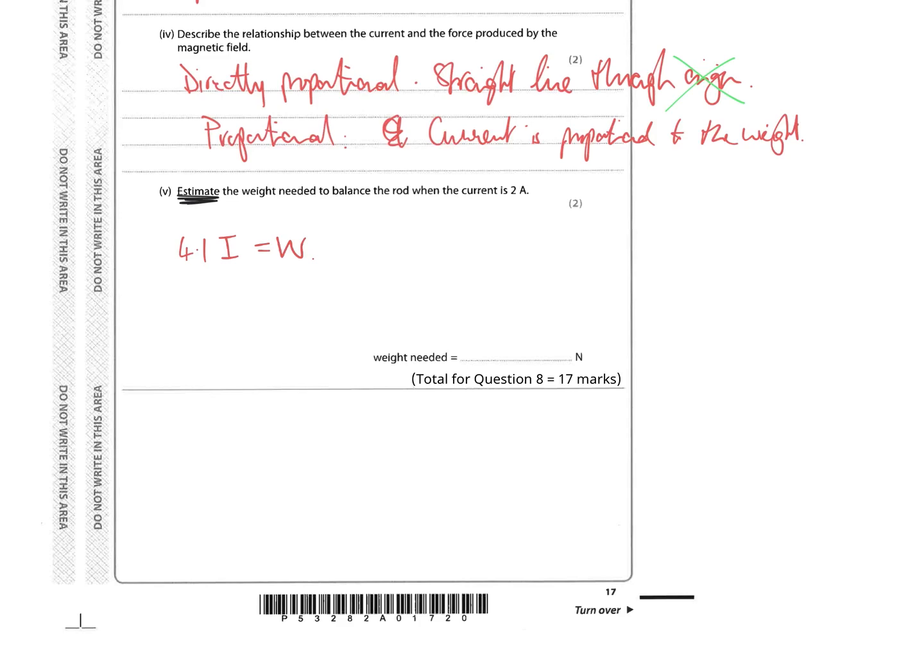So if I were to look for 2 amps, then it's going to be 4.1 times 2. I'm going to say the weight is about 8.2 newtons, which is approximately 8 newtons.